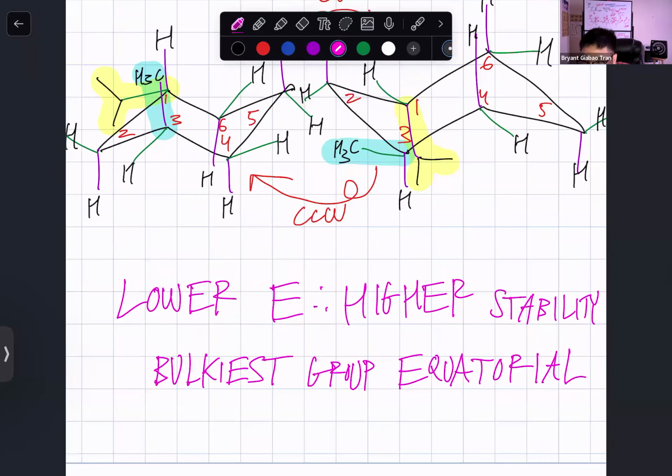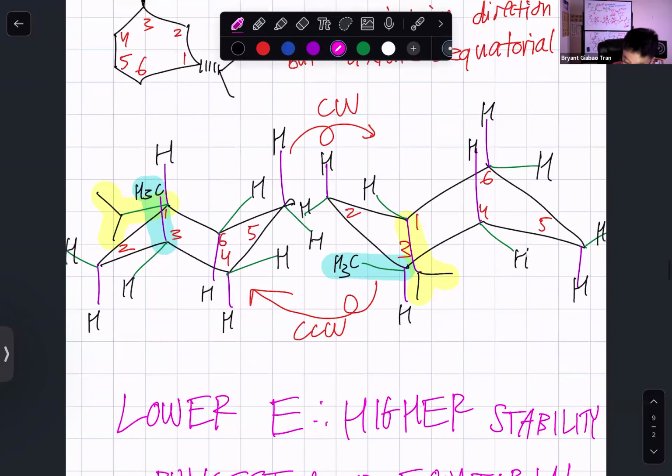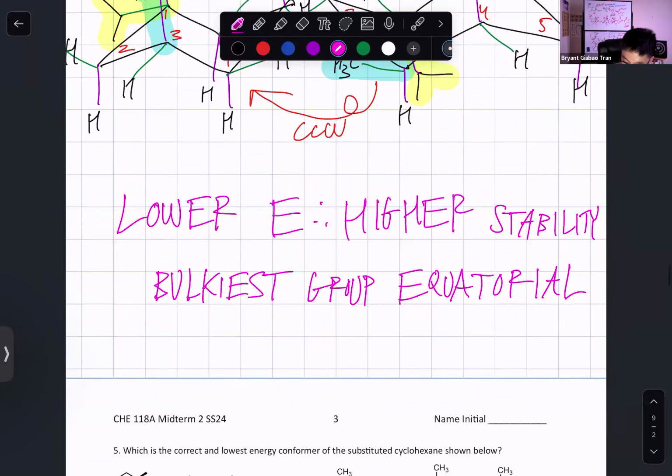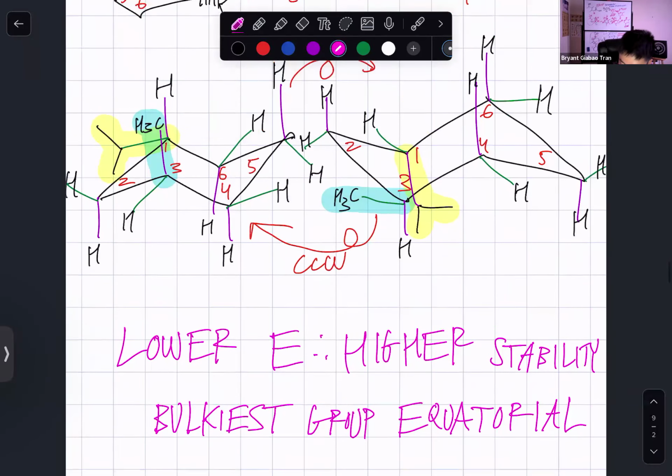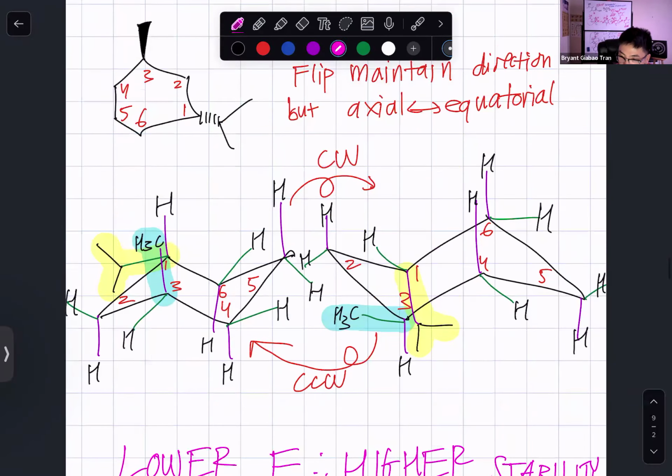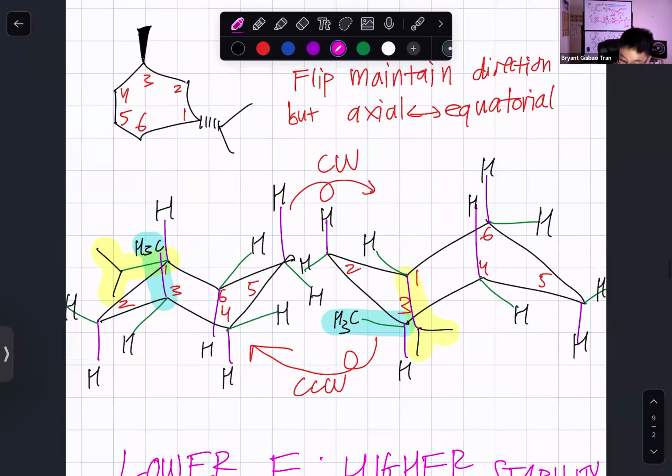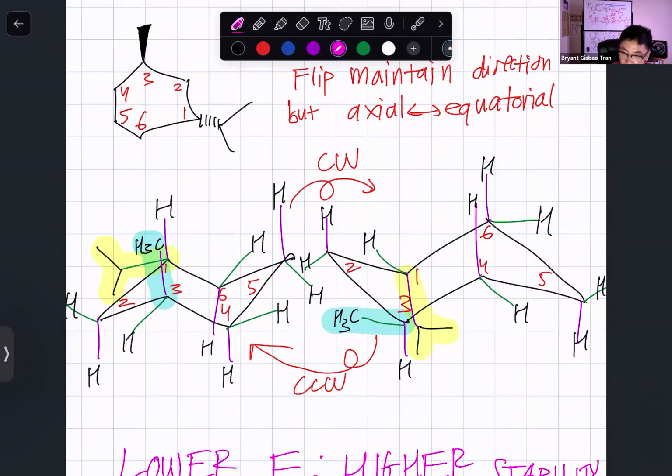Just to confirm, being up or down is what makes something cis or trans, and axial or equatorial is what makes something higher energy or lower energy, right? Yeah, so axial and equatorial is used to determine the lower energy conformer, but being up or down is what makes something cis or trans. But for cis or trans, you can only have exactly two substituents on the chair.